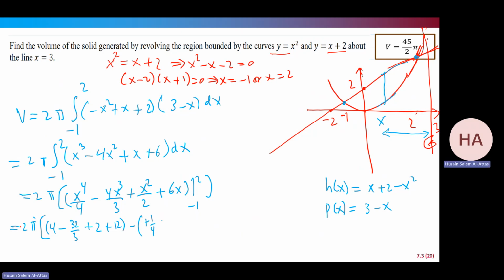This is an even power. Plus 4 over 3. It's minus 1 cubed, which is minus 1 times minus 4, 4 over 3. Plus half, minus 6.